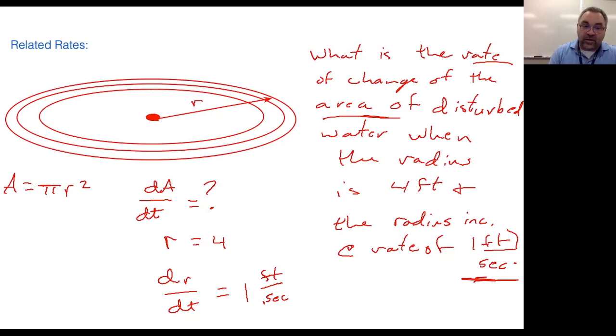On the left-hand side, that's pretty easy, because the derivative of A to the first power is 1 times the derivative of A with respect to time. It's implied to be a function of time, so dA/dt. Over here on the right-hand side, pi is a constant, so I'm going to move it over. Now I take the derivative of r squared, which is 2r to the first.